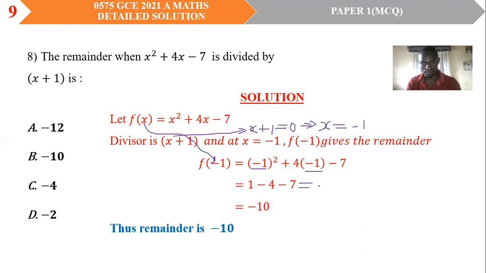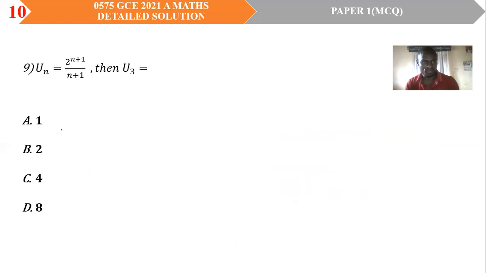This gives -3 minus 7. Answer -10. So the remainder is -10. Answer B. We move to question 9.